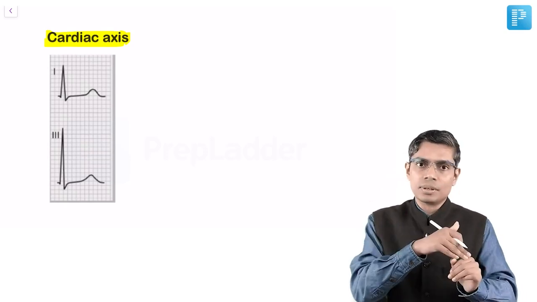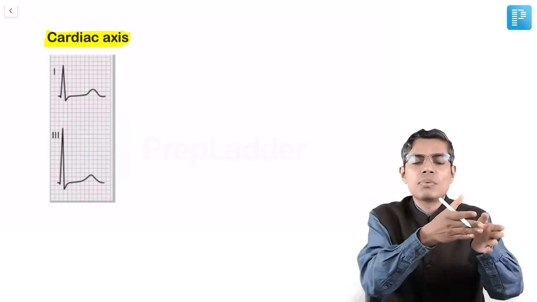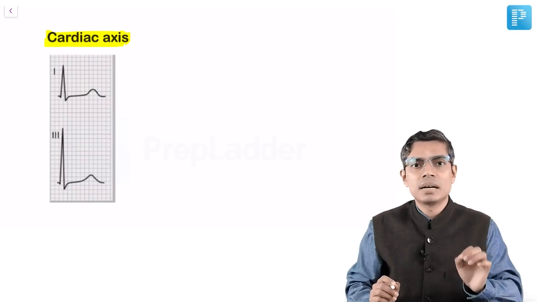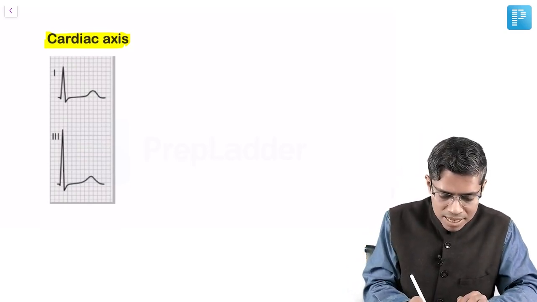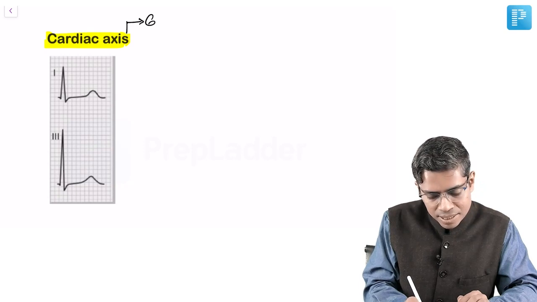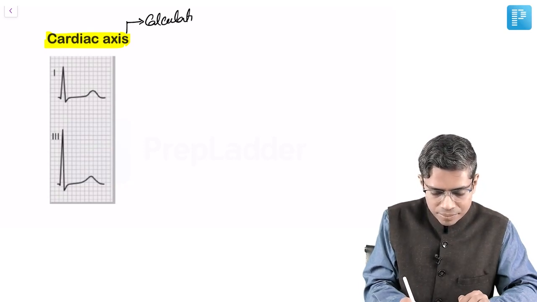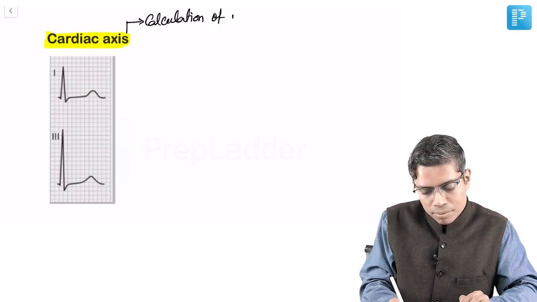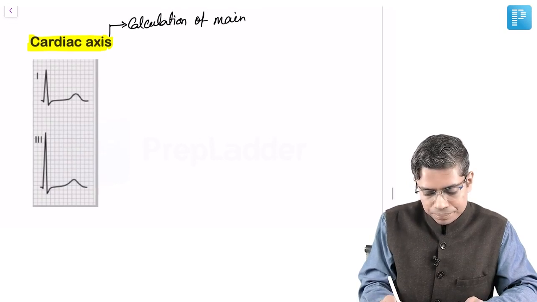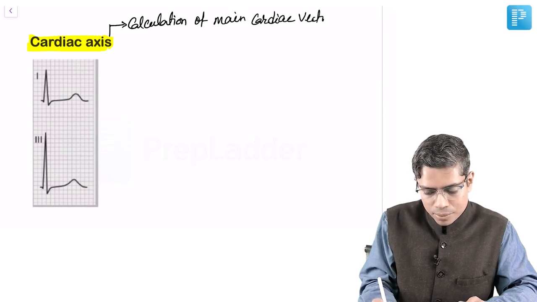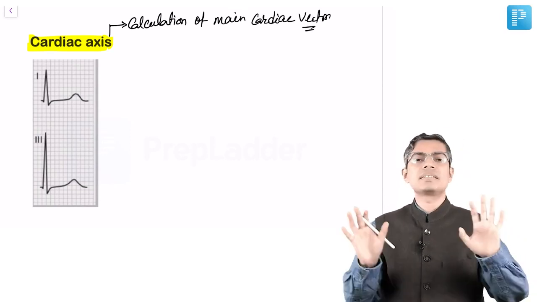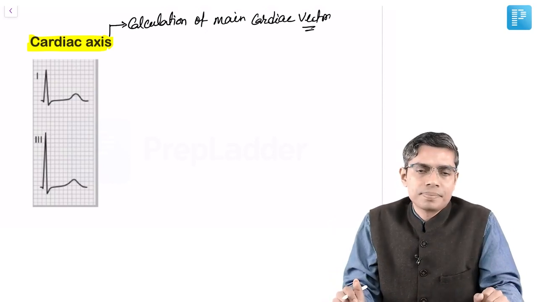Now I have to do the reverse: from the QRS complex I have to determine the direction of the main cardiac vector. So please note down, cardiac axis means calculation of the main cardiac vector. What is the amplitude? What is the direction? That is the meaning of cardiac axis.